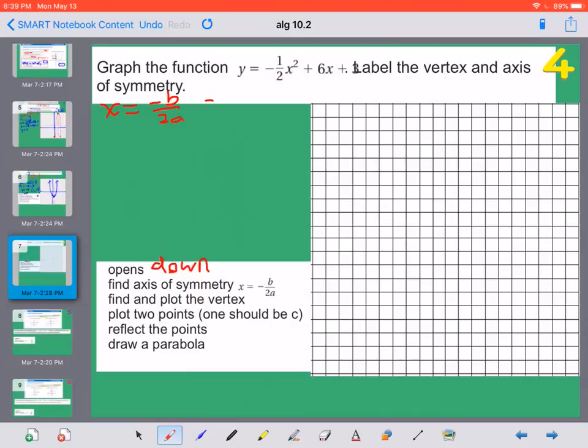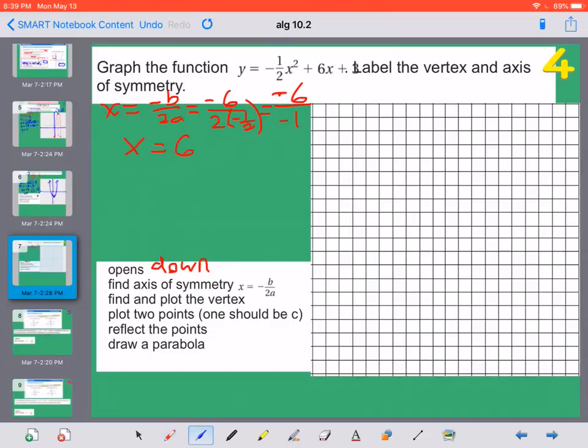So this is going to be -6 divided by 2 times -1/2, which would be negative 6 divided by 2 times negative 1/2 is going to be a negative 1. So our x is going to equal 6.